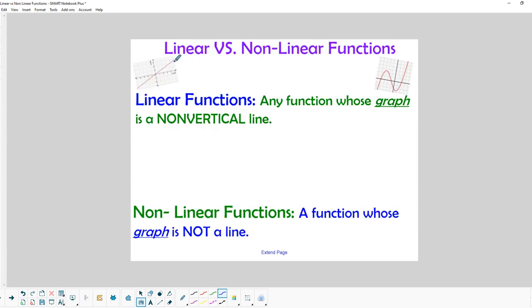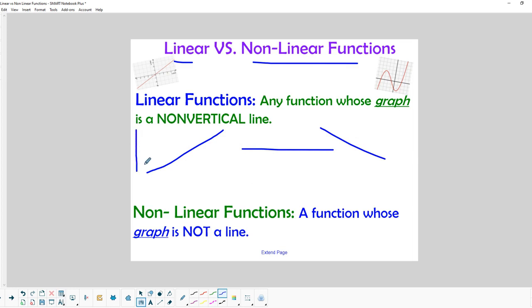So we're going to be talking about linear versus nonlinear functions. A linear function is any function whose graph is a non-vertical straight line. So if the line goes straight, or slants down, as long as it doesn't go straight up, that counts.